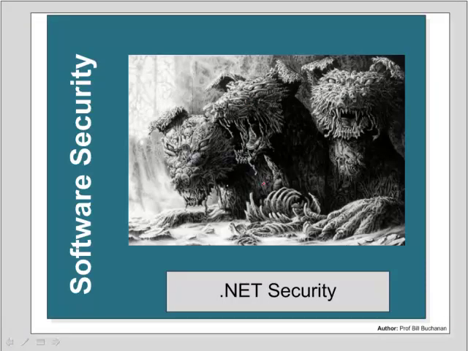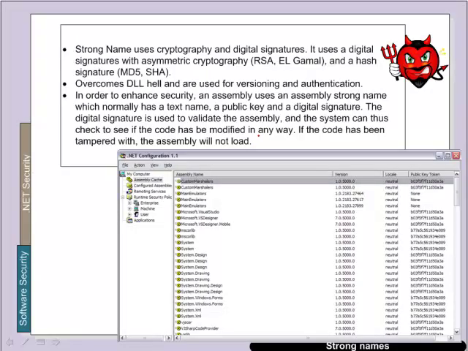So .NET has a strong and integrated security model which is scalable across corporate infrastructure. One of the problems that we have with our system components is called DLL hell.